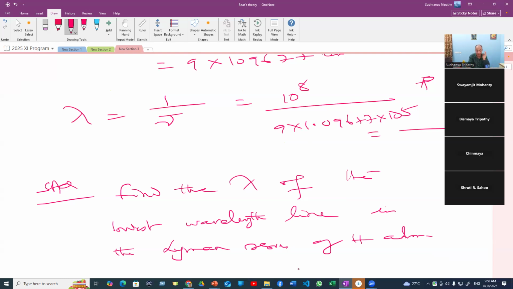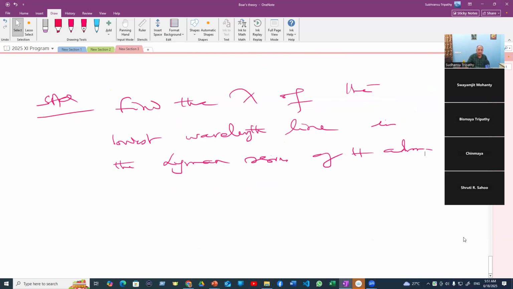You have to make one an infinite distance. At infinite distance the E will be 0. So simply the delta E will be equal to K, or K Z square, or if it is He plus, it is 4K, and accordingly you find lambda, or you can use the Rydberg equation.